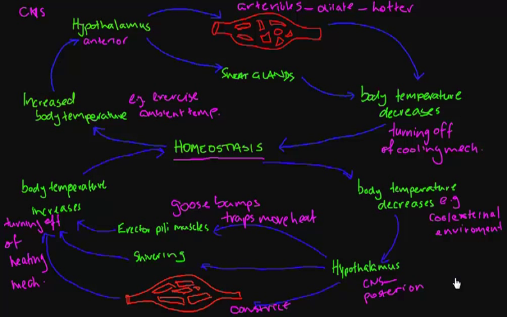The other thing that's not in this diagram is that in both cases there's a change in metabolism, so metabolic function changes, and this helps to stabilize temperature. When the body gets too warm, metabolism slows down because metabolism generates heat.